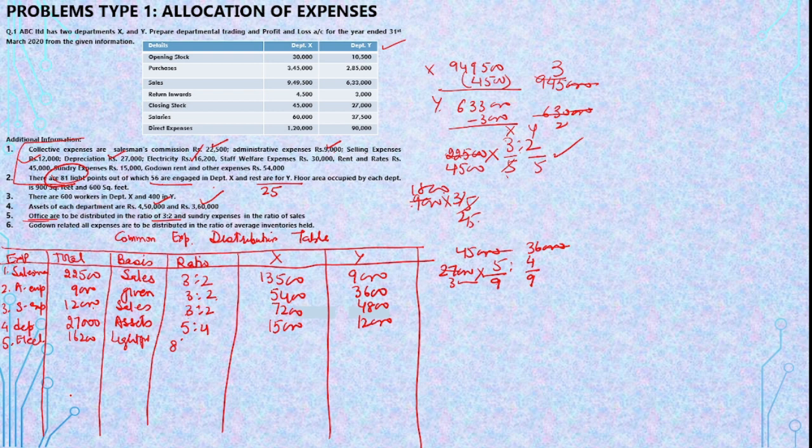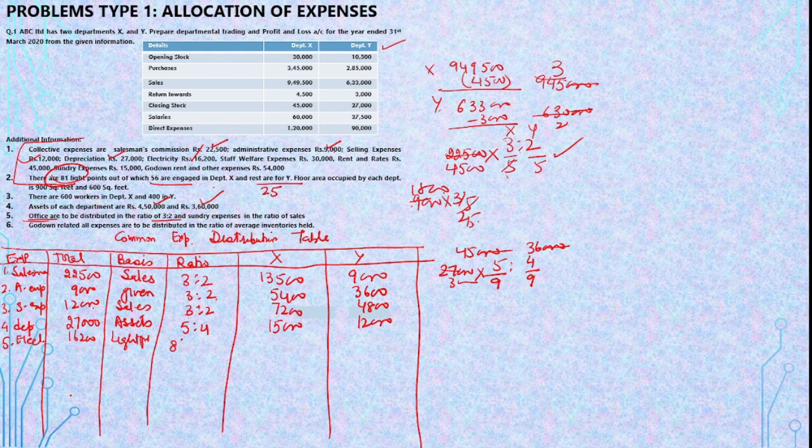Okay, next is rent, 45,000. Rent is taken for building, so floor area will be the suitable choice for rent. The floor area is 900 and 600. The ratio of 900 and 600 is 3 is to 2.